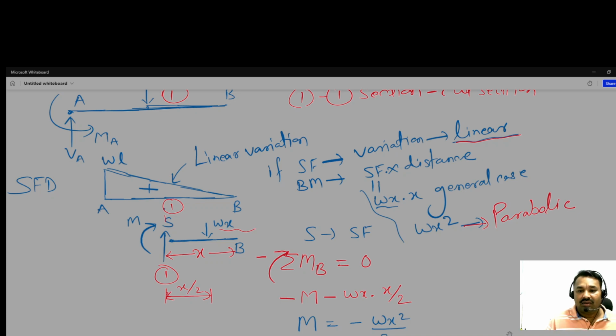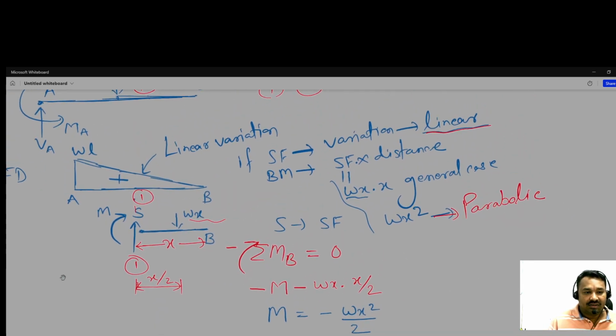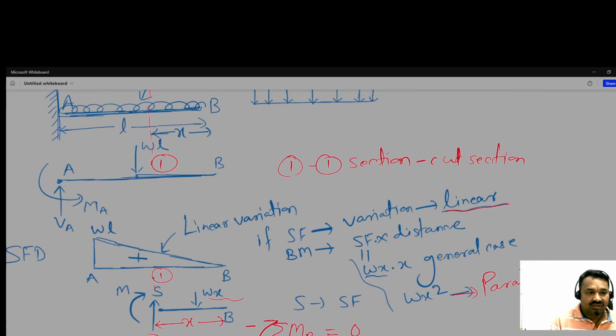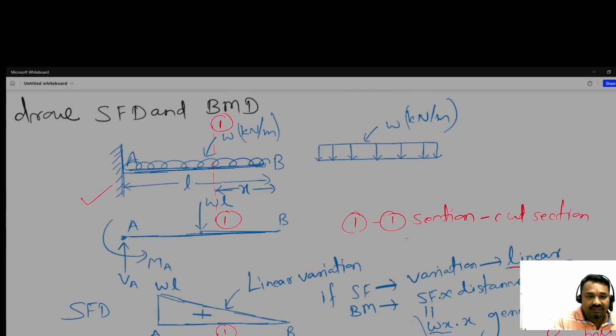Now let us come to this beam specifically. For this, what about the moment? This is the moment for the right side of this beam. We cut the section, and this portion we have taken into consideration for our study.